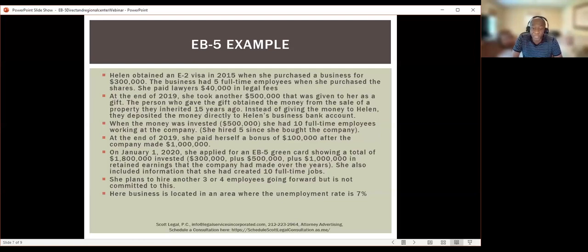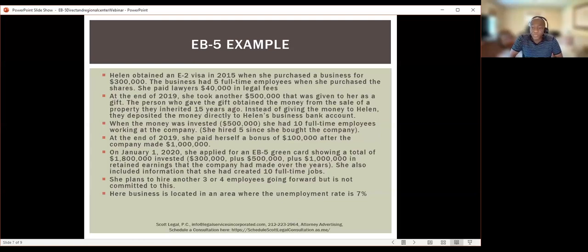So if the 300,000 qualified for an investment, which it doesn't, but let's say the 500,000, we would have to look at the time that investment was made, 2019, because this example says the unemployment rate is 7%, but let's say that's today. We'd actually have to look at 2019 when the $500,000 was put in, because every time any investment is made, the business would have to be in a TEA.